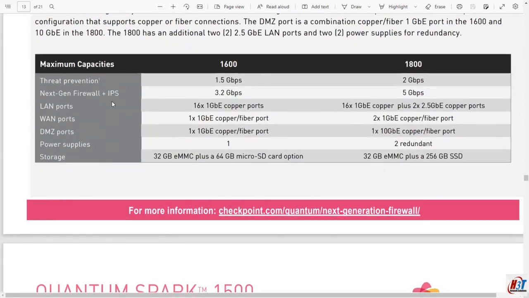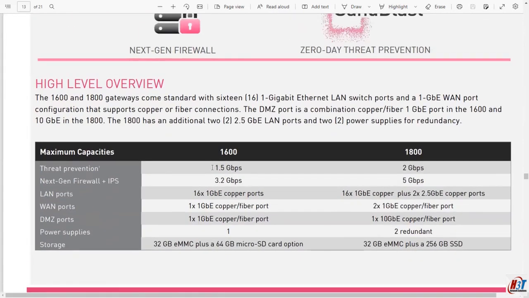If we look down at the numbers, the threat prevention is 1.5 Gbps on the 1600, whereas it is 2 Gbps on the 1800. Next gen firewall plus IPS is 3.2 Gbps on the 1600 and 5 Gbps on the 1800. The LAN ports that you get is 16 into 1 GB copper ports. Here also you get 16 into 1 GB copper, plus you get 2 into 2.5 GB Ethernet copper ports.